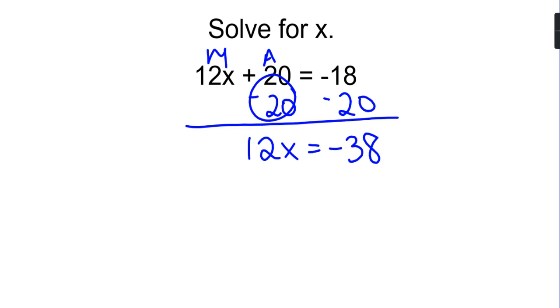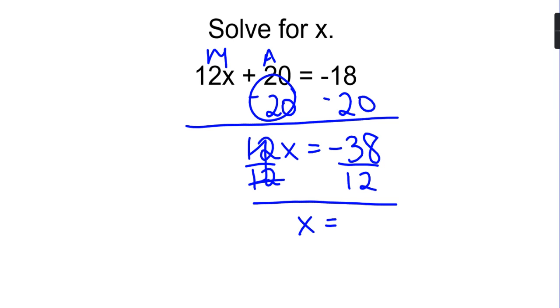Now I want to do the opposite of multiplication, so I want to divide by 12. 12 divided by 12 is 1. Divide by 12 on the right side as well. And then negative 38 over 12 is an improper fraction. You might want to divide this on a calculator, get a decimal, or we can try to simplify the fraction.